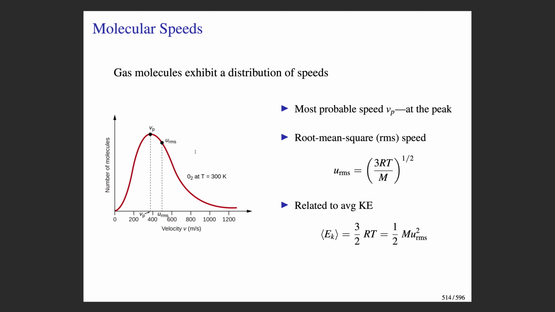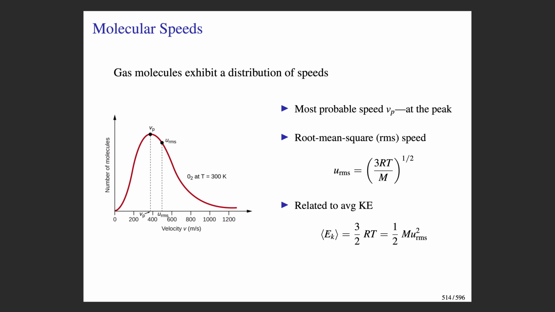I've already talked about the most probable speed and the root mean square speed, so this is basically the average speed. And this is just showing the relationship between the average kinetic energy and the root mean square speed squared.